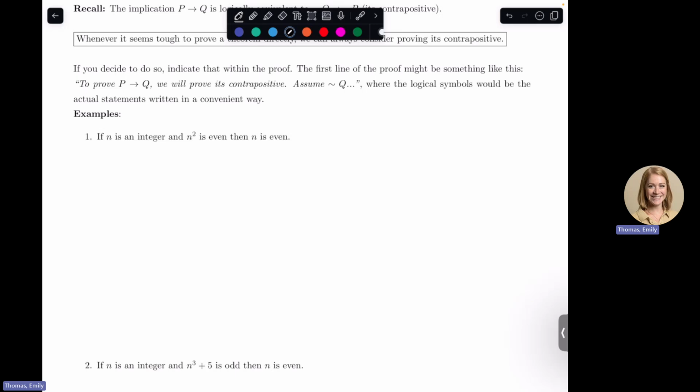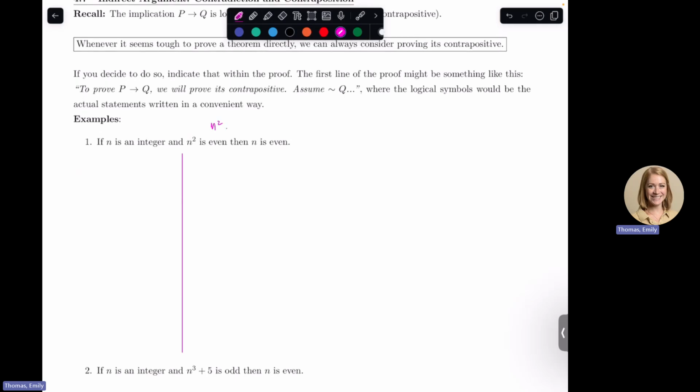On this one, we have if n squared is even, then n is even, right? Well, n squared being equal to 2k is not helpful for me to get n by itself. I would need to take a square root. We don't know how to do square roots yet. If instead I could assume that n was not even and show that n squared is not even, I'm proving the same thing because those statements are equivalent.